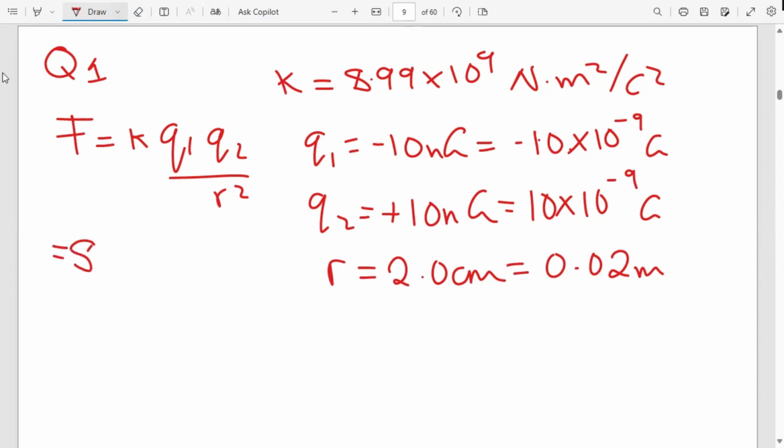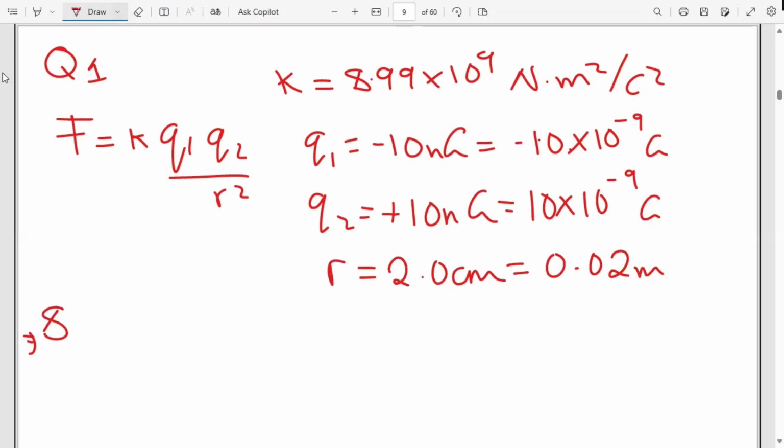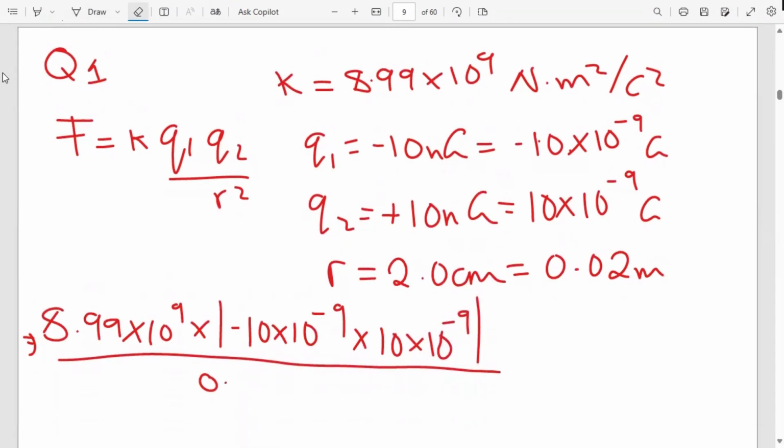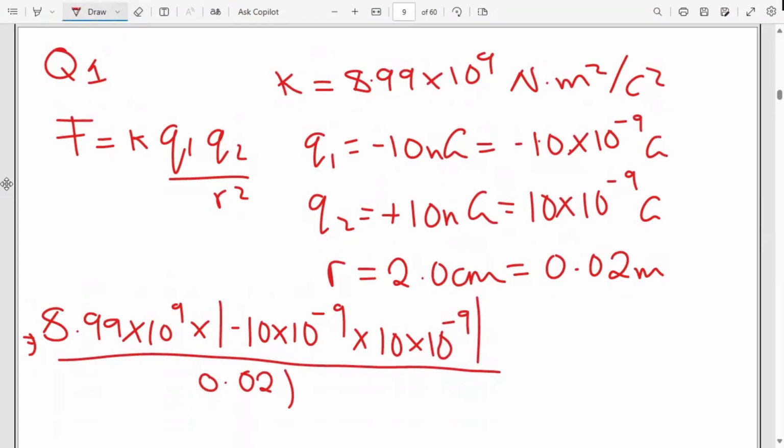Then from here, we can plug these into the formula that we have already written. So I'm going to write it slightly below: 8.99 times 10 to the power 9 multiplied by -10 times 10 to the power -9, multiplied by 10 times 10 to the power -9 coulombs, divided by the distance 0.02 squared.